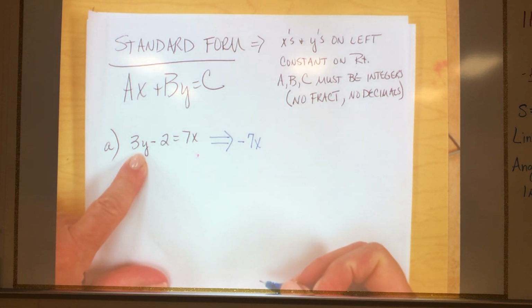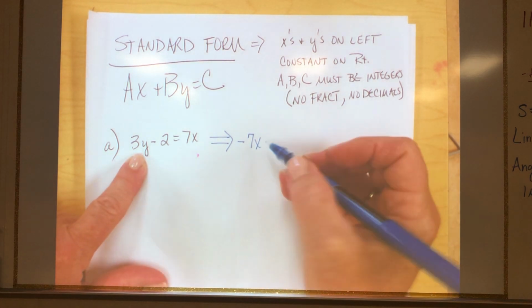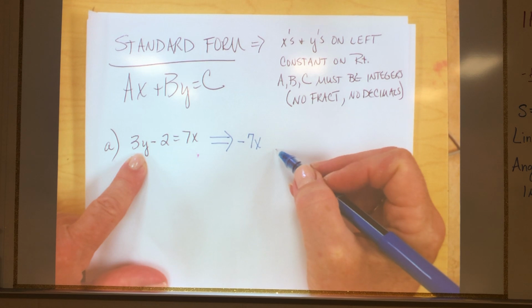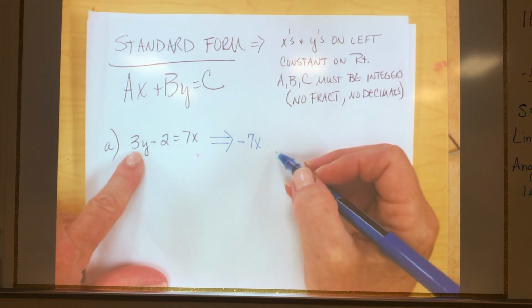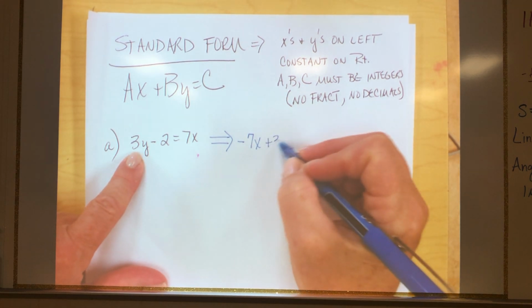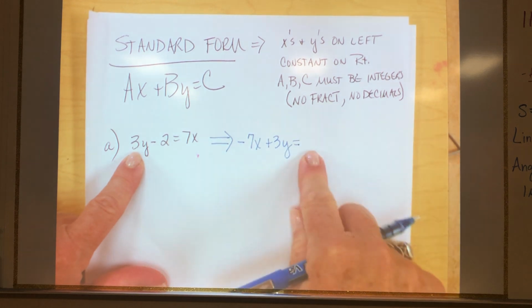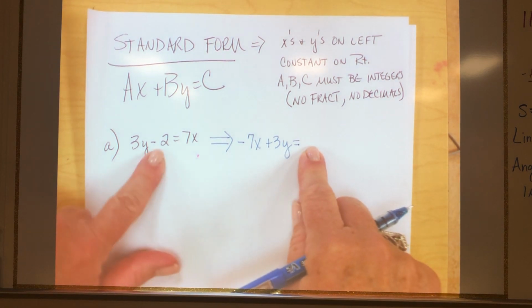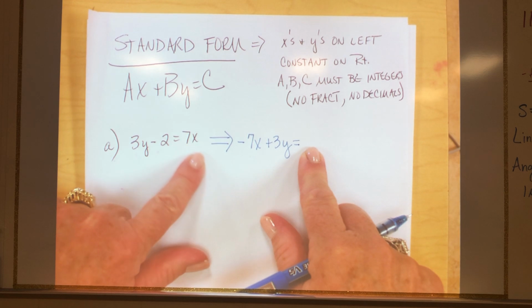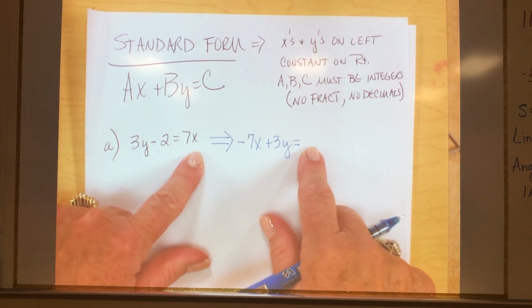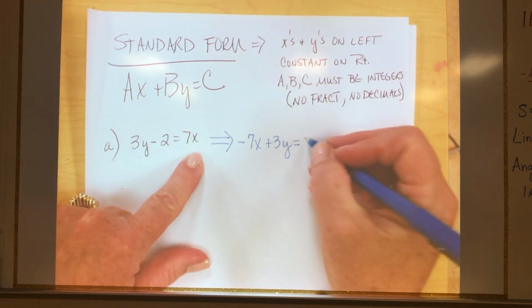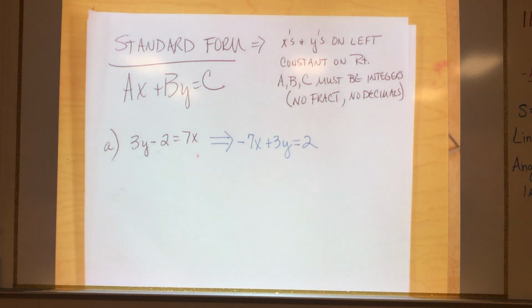My 3y is already on the left, so that's negative 7x plus 3y. Equals, and my plain number, or my constant, goes on the right. So this negative 2, you have to move over here to the right, and he becomes positive 2. All right, so this is standard form right here.